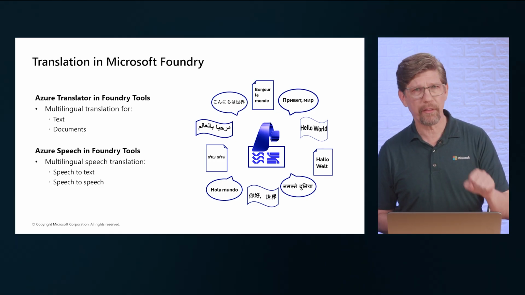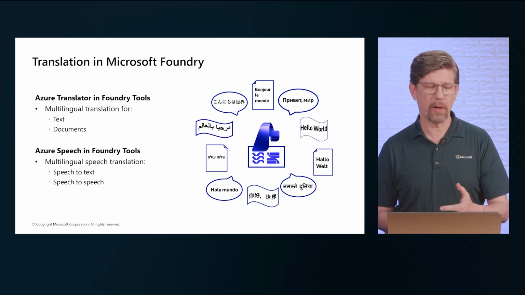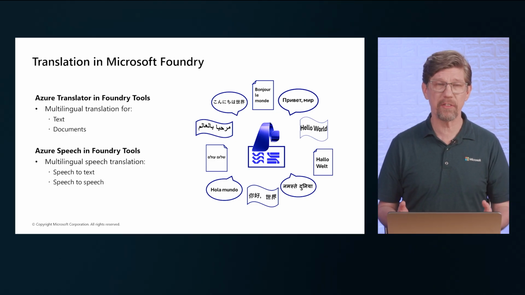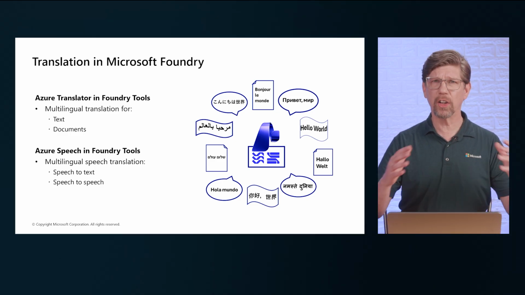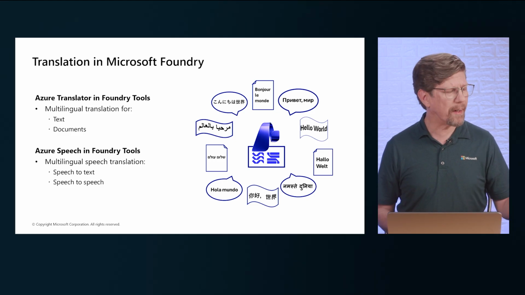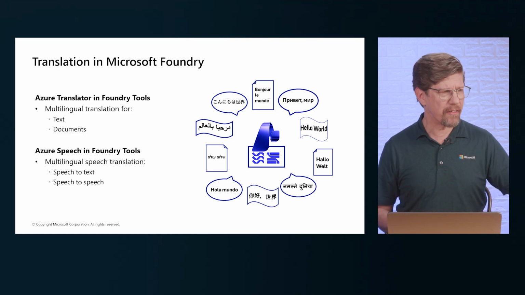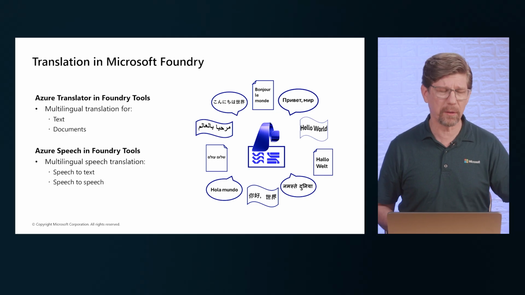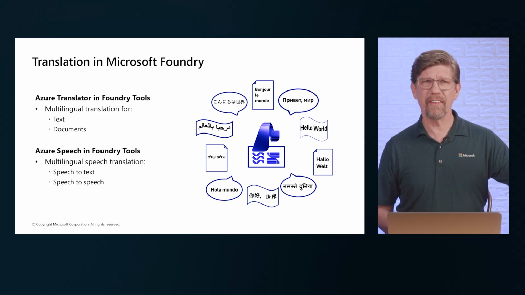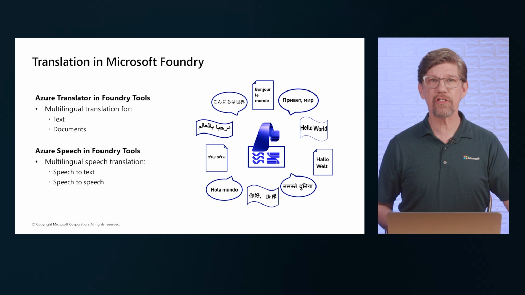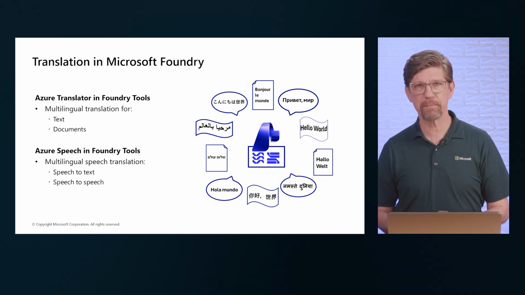The problem with using large language models is they have to be trained very specifically on a large number of languages. And while they have a handful of languages that they do incredibly well, it's not as complete as some of the other tools that are available to us.